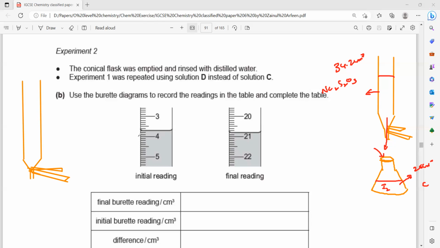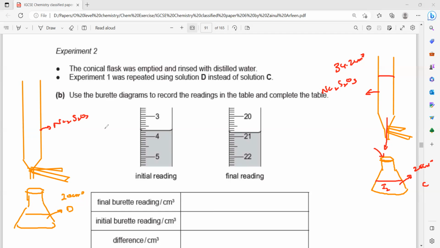In the conical flask, the only difference is the type of solution. The same amount of solution is there, but the type is different. We are using solution D of potassium iodide, again 20 cm³, the burette is filled with sodium thiosulfate, and the same procedure is repeated.